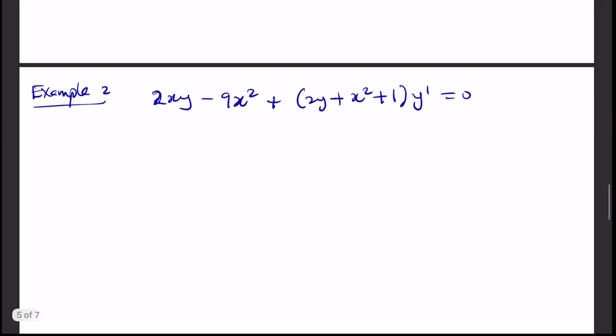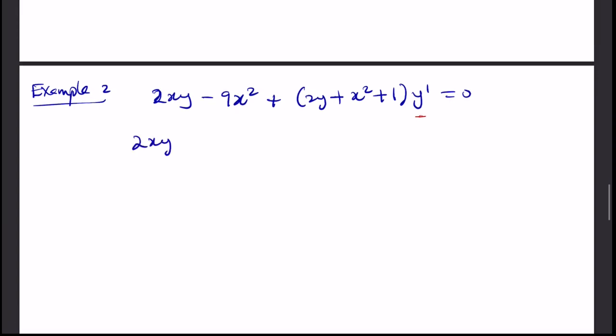The first thing you want to do is to expand this. So you open up this. That should be the first step. So you have 2xy minus 9x squared plus 2y plus x squared plus 1 dy dx is equal to 0.